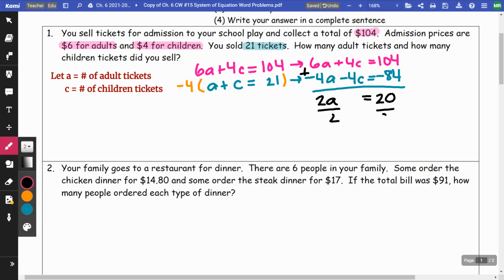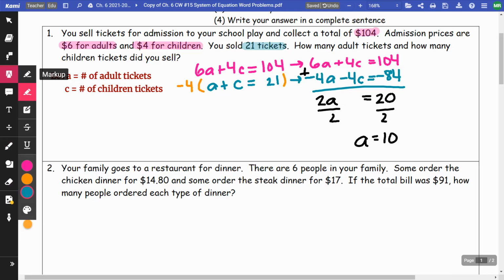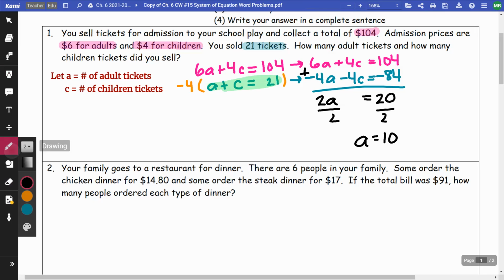Divided by 2, I get A is equal to 10, which means if I look at this equation right here, where there's 21 tickets total, that means my C is going to be 21 minus 10, or 11. Okay, I can put into the A plus C equals 21 my 10, I'm going to subtract 10 from both sides, and I got C is 11. So those are our answers.